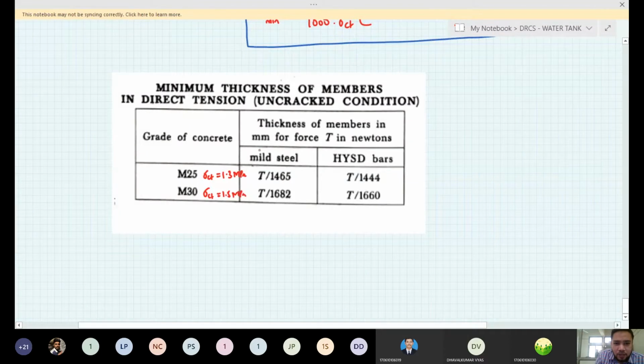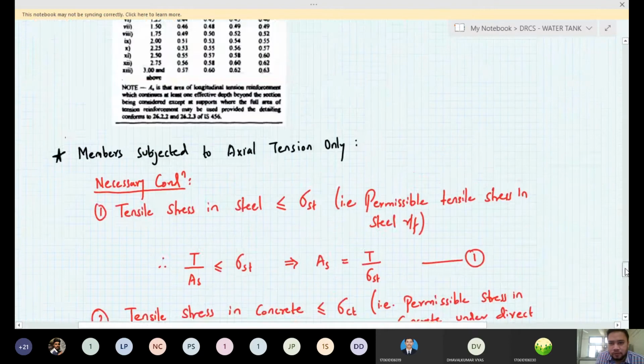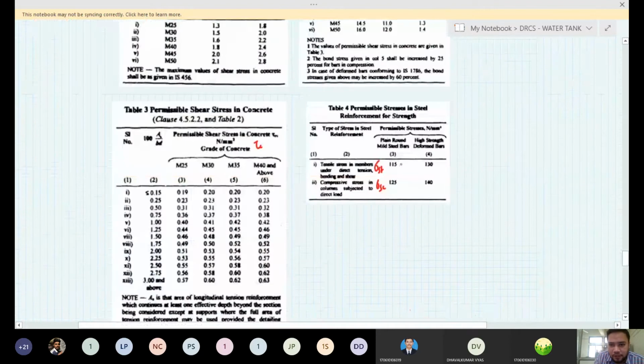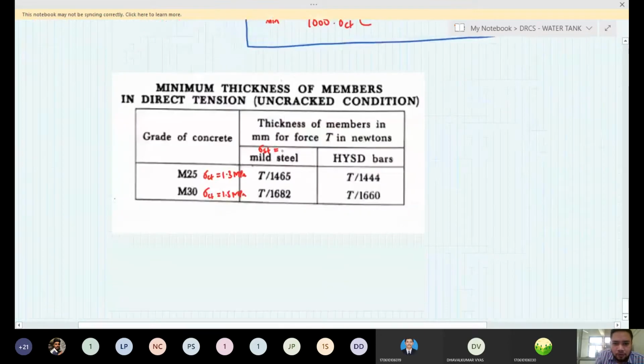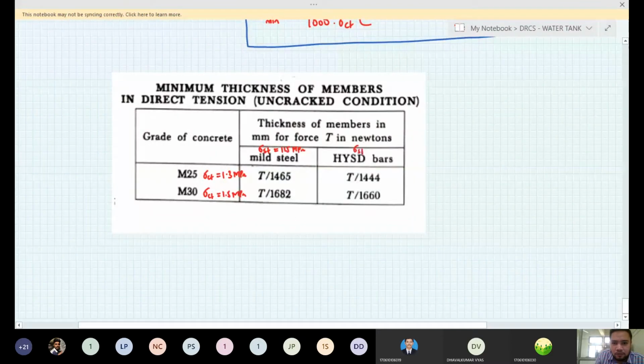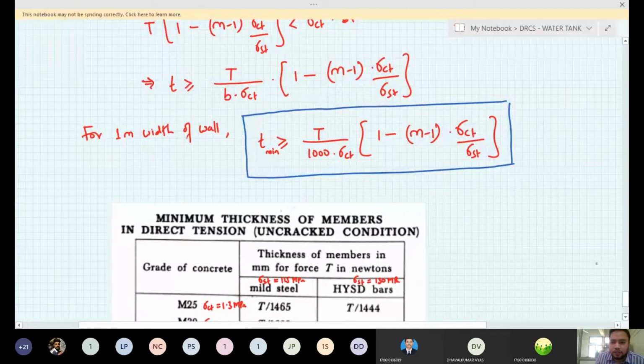For mild steel, the value of sigma St is 115 MPa, and sigma St for HYSD bar is 130 MPa. So now you have the values. You can substitute here and find the minimum thickness.